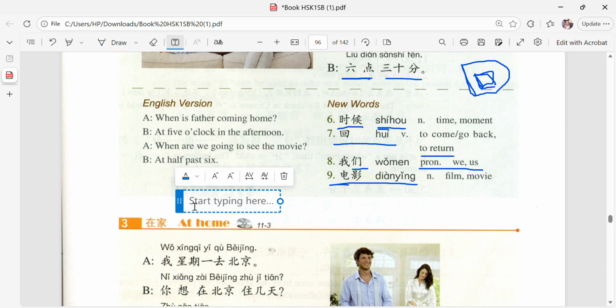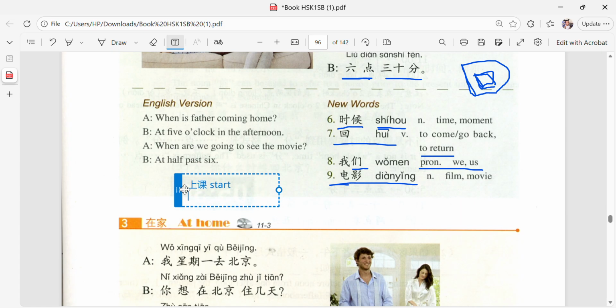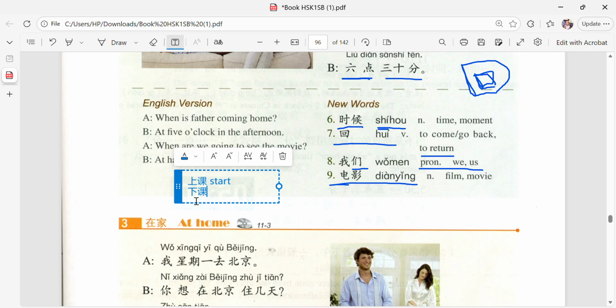Let me write them down, maybe you guys forgot. There is a message that I put on the group. 上课 means class begins, this is start actually. We learned that in lockdown, and then this one is 下课.